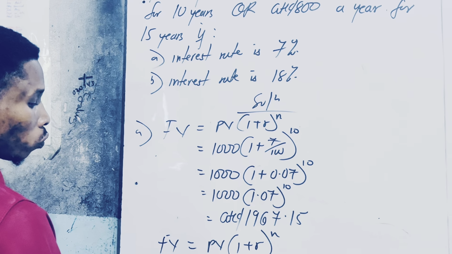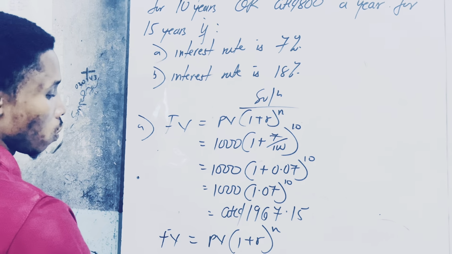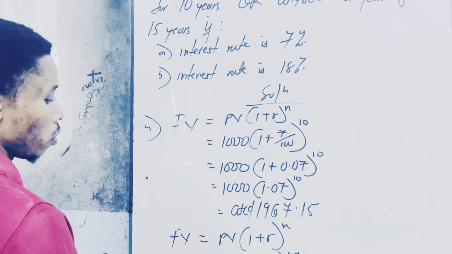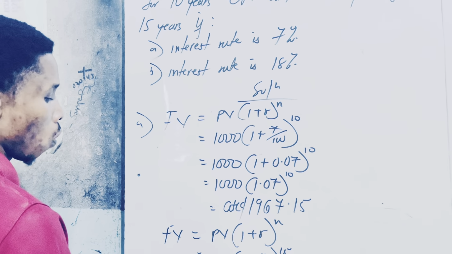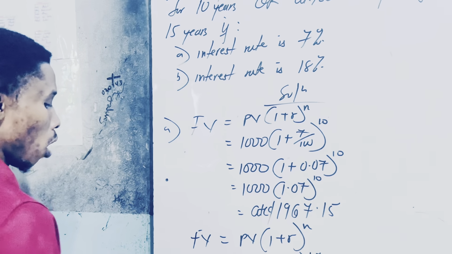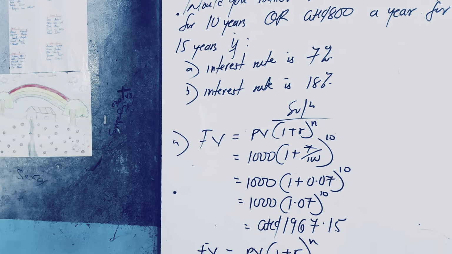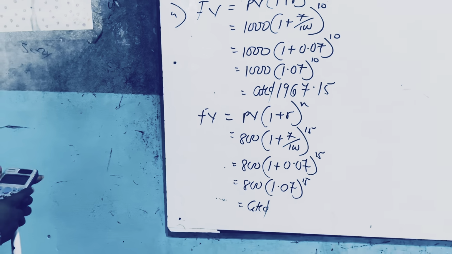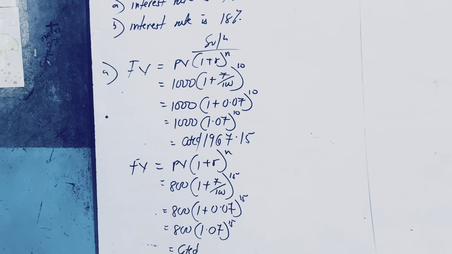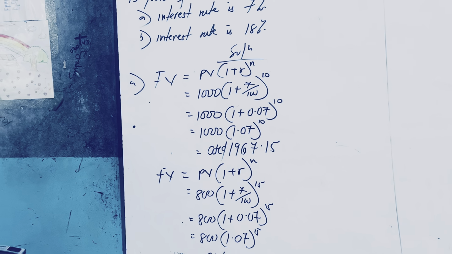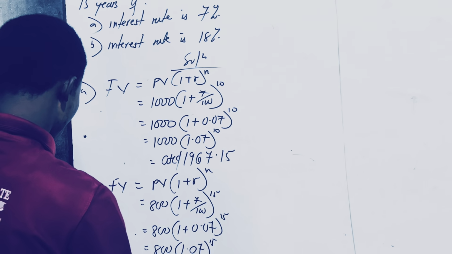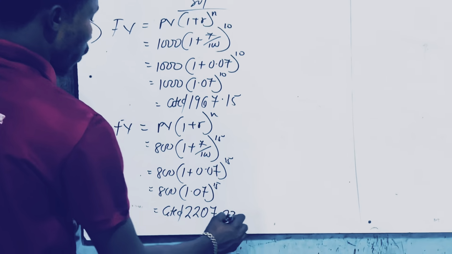So I have 1 plus 0.07, which gives 1.07 raised to the power 15. So I have 800 times 1.07 raised to the power 15. And that will give you 2,207.23.